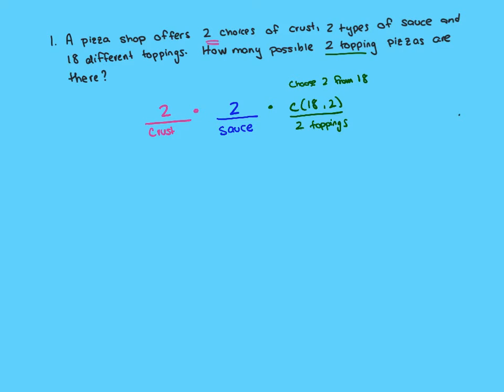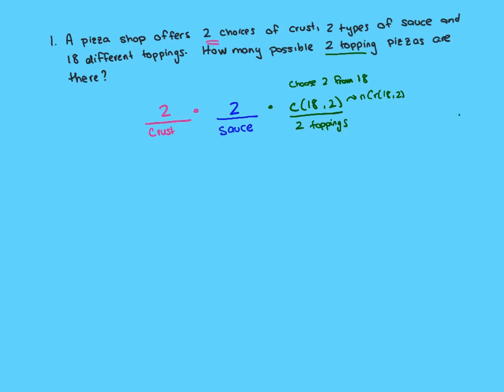We do NCR 18, 2. So remember, to put this into Desmos, we do NCR 18, 2. And that gives us 153. And then we multiply that by 2 and 2.